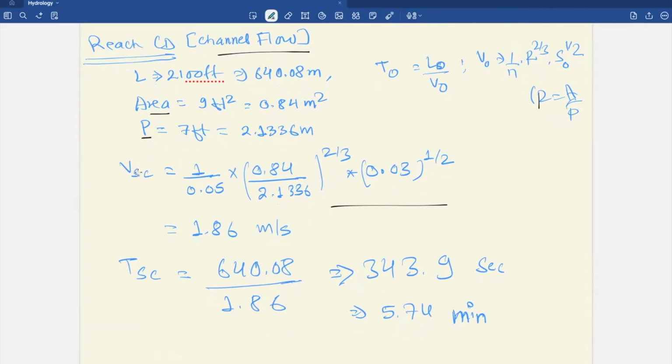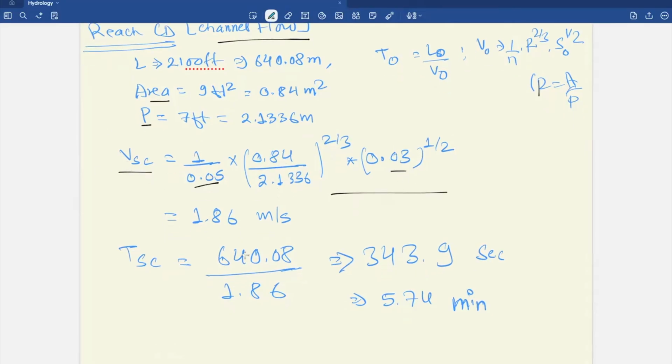And so we will be using these equations. The velocity for the channel will be given by Manning's equation, where n is 0.05, R is the hydraulic radius, and S is the slope.